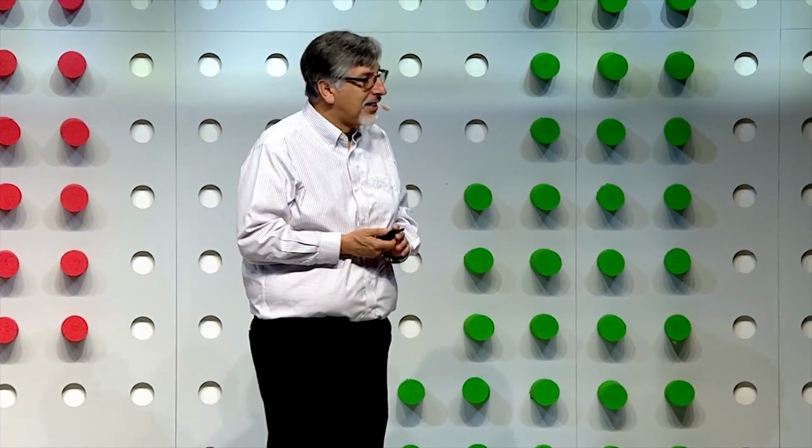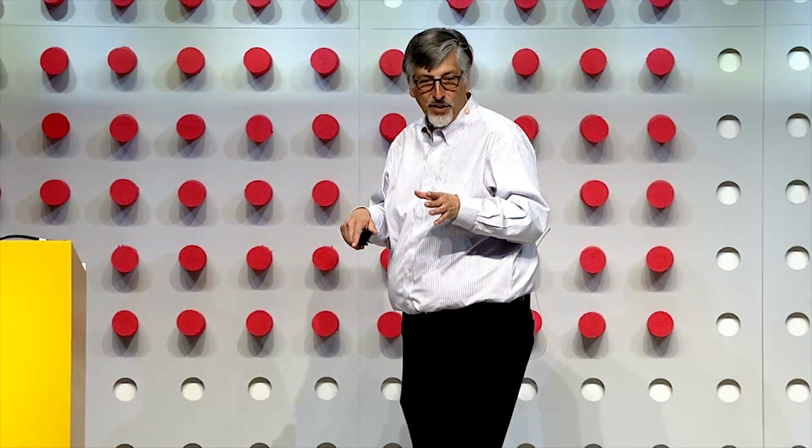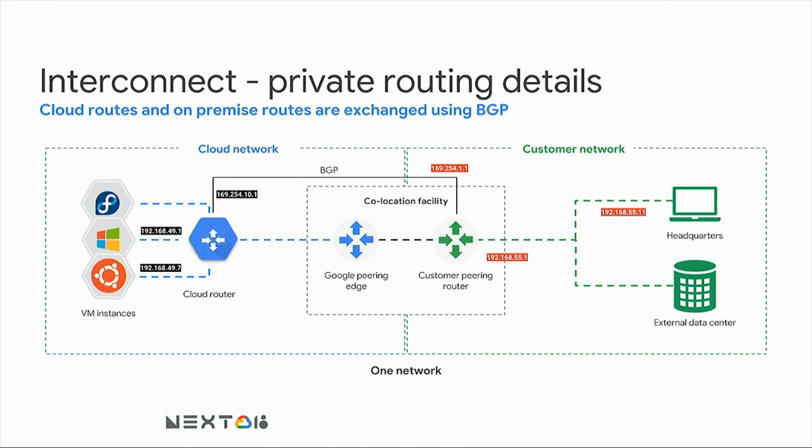So let's talk a little bit about the details of both partner and dedicated interconnect. I use a lot of the dedicated interconnect diagrams here, but they also work for the partner interconnect solution. On your peering router, whether it be on-premise or in one of our co-location facilities, you're exposing a link local address to the cloud router.